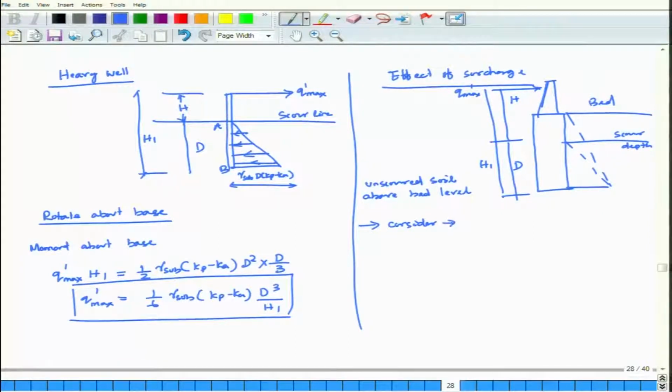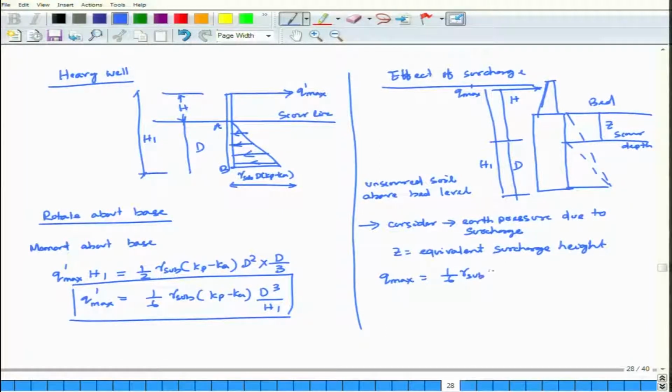If Z is the equivalent surcharge height, then Q maximum is equal to 1/6 gamma submerged (Kp minus Ka) d square (d plus z) divided by H1.